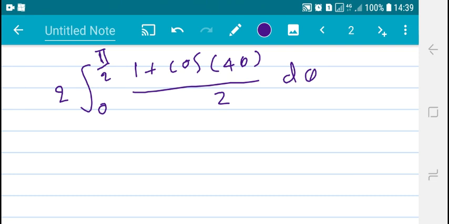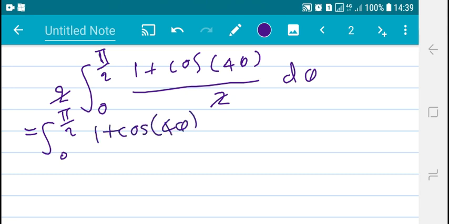And now we just find the indefinite integral. First of all, let's cancel these 2 out since they're constant. So we get the integral from 0 to pi over 2 of 1 plus cosine of 4 theta d theta. The antiderivative of 1 is simply theta.